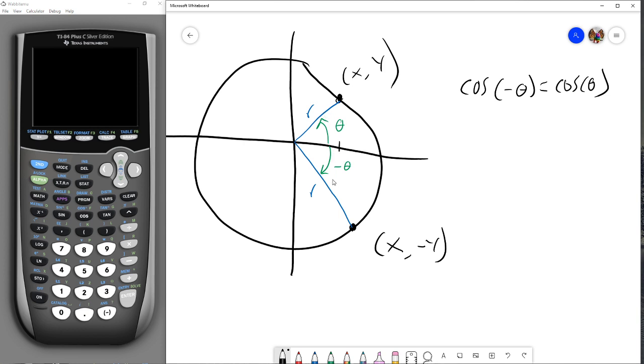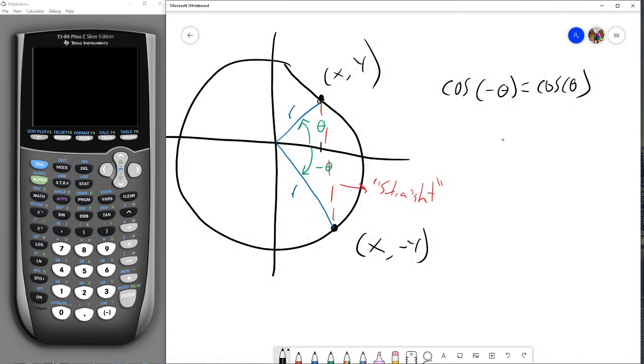Well, cosine negative theta is going to give us this x value down here, but it's the exact same x value. We could imagine a straight line going straight down here. So I guess just to note that this line right here would be straight. Because this line is straight down, that means the x-coordinate is the same, and so we can make this conclusion here.